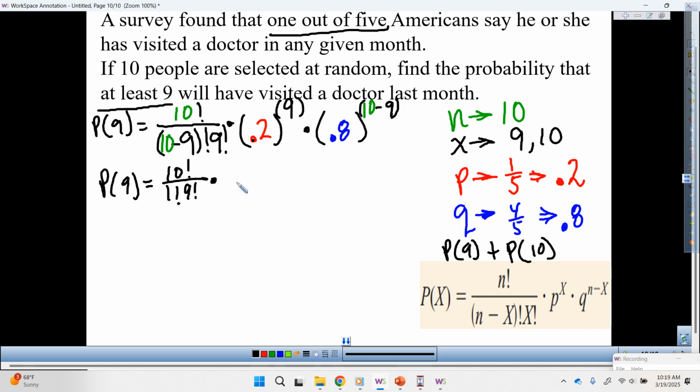Calculators calculate. What is 0.2 to the 9th power? Got it?